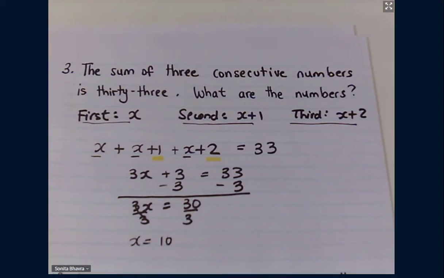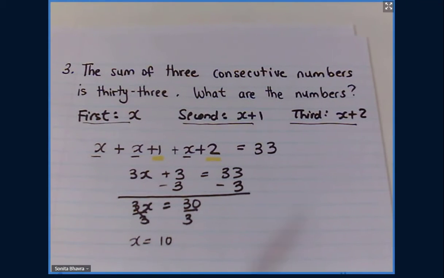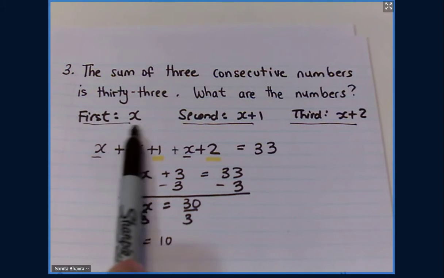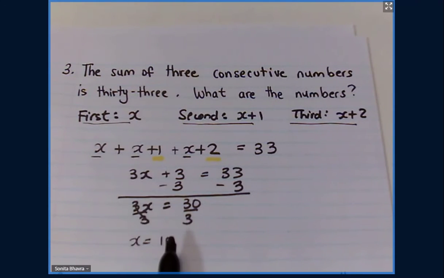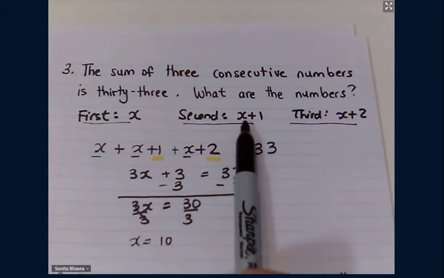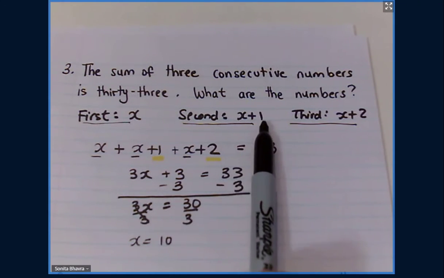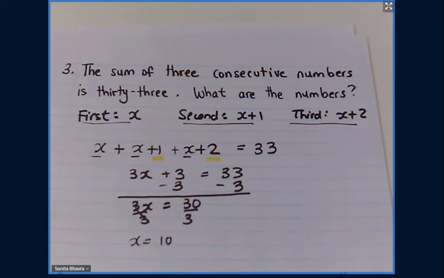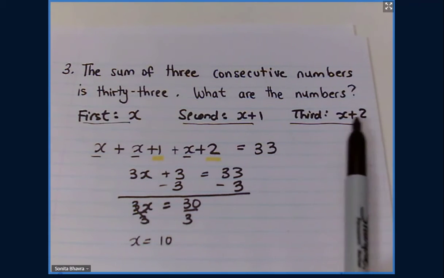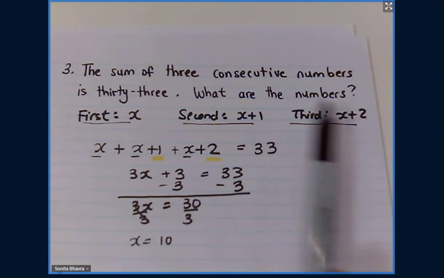So our first number is 10. Our second number is 10 plus 1, which is 11. And our third number is 10 plus 2, which is 12.